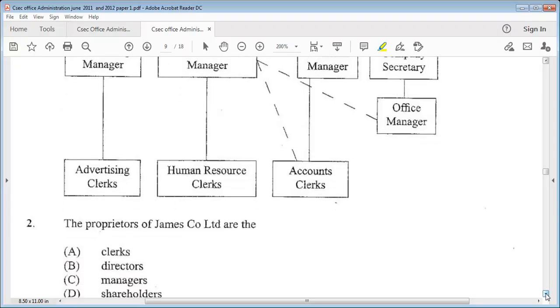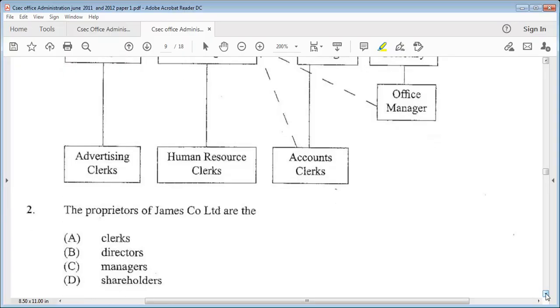Okay, so question 2 says the proprietors of James Co. Limited are the A. Clerks, B. Directors, C. Managers, or D. Shareholders. Our answer is D. They are shareholders.